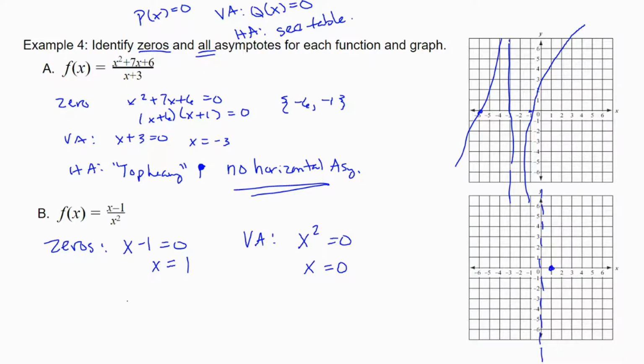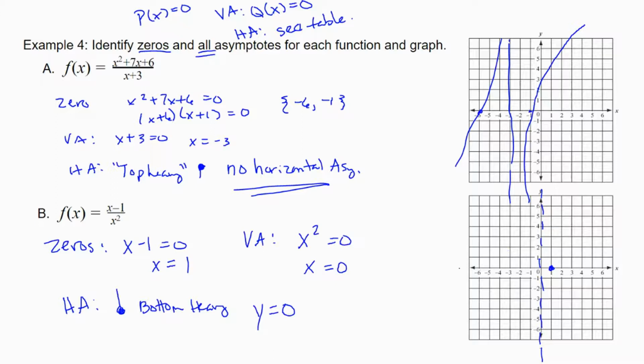Okay. And then the next thing we need to find is a horizontal asymptote. Well, let's think about what we have. So what we have in this case is a bottom heavy type of situation. And when we have a bottom heavy situation, we have a horizontal asymptote that is y equals 0.